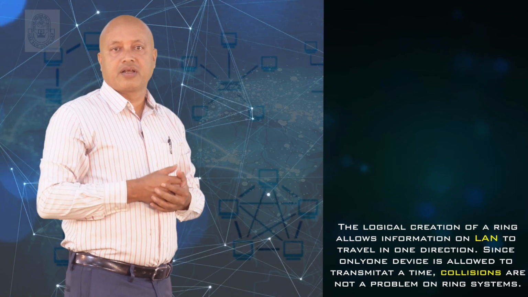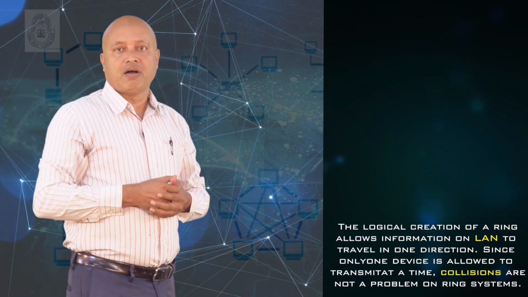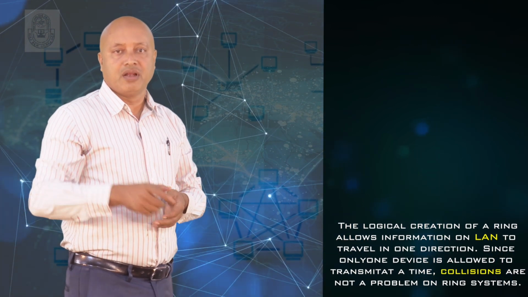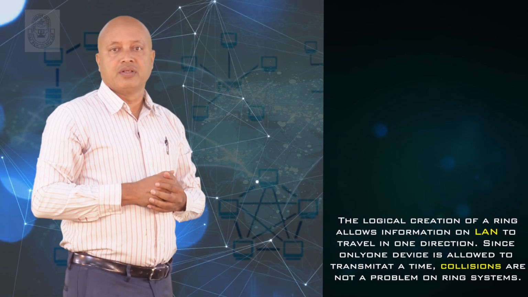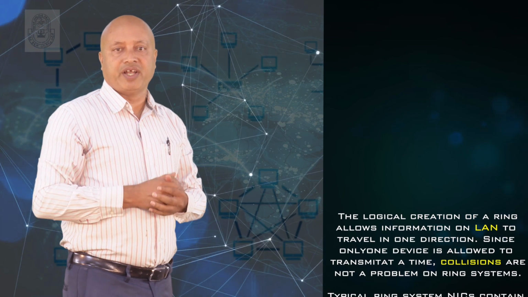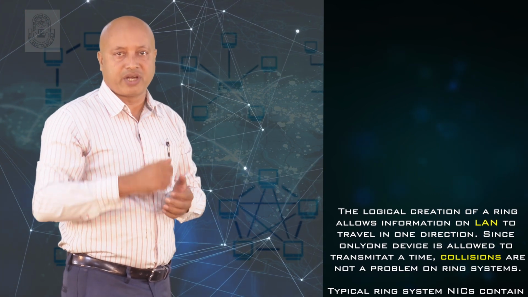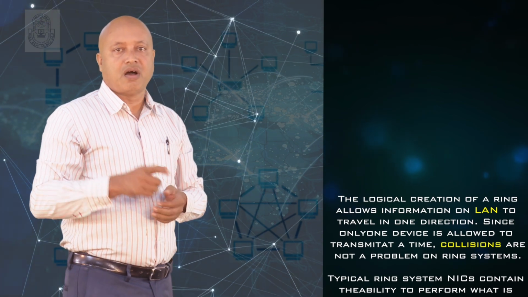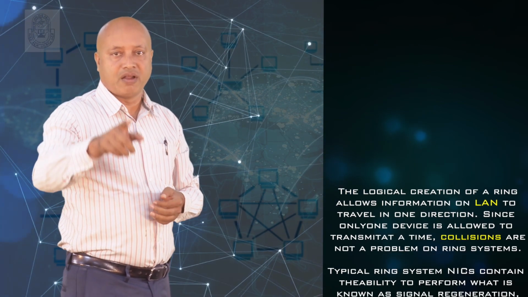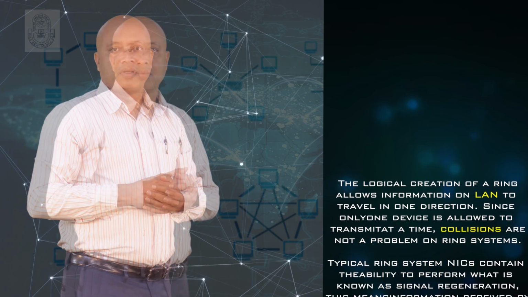The logical creation of a ring allows information on the LAN to travel in one direction. Since only one device is allowed to transmit at a time, collisions are not a problem on ring systems.